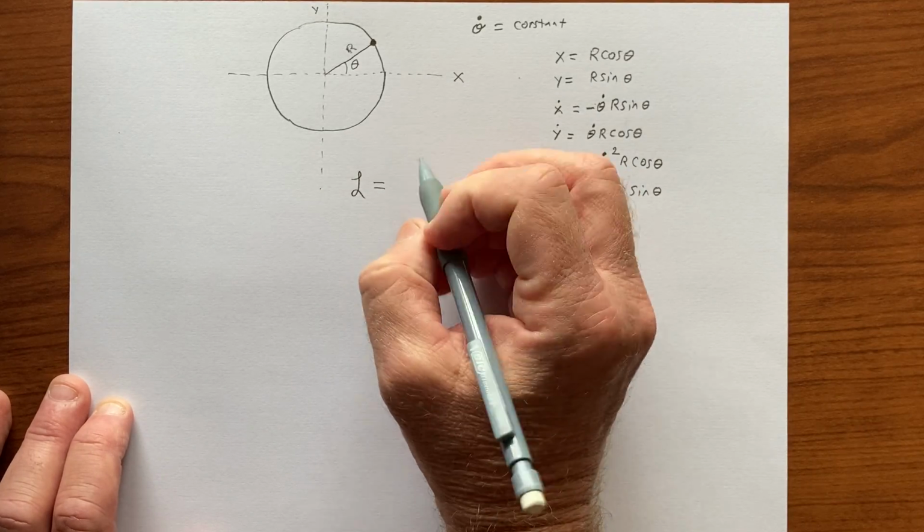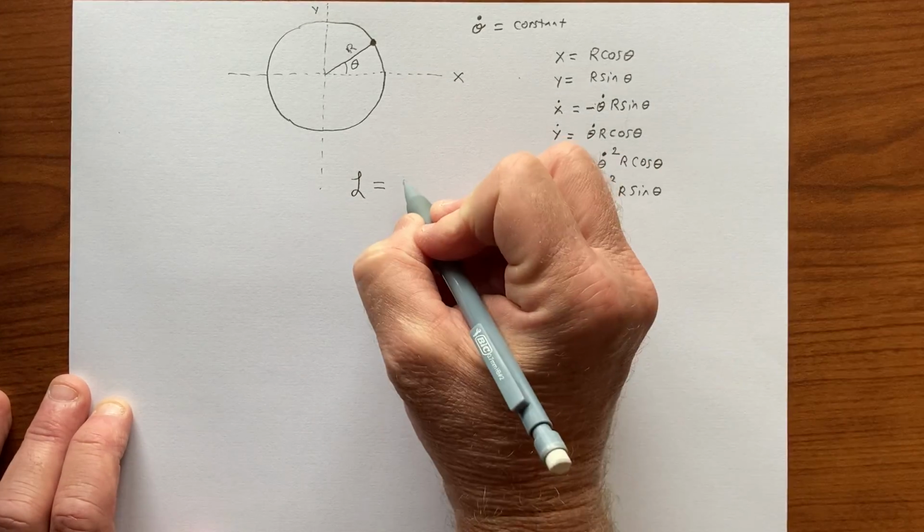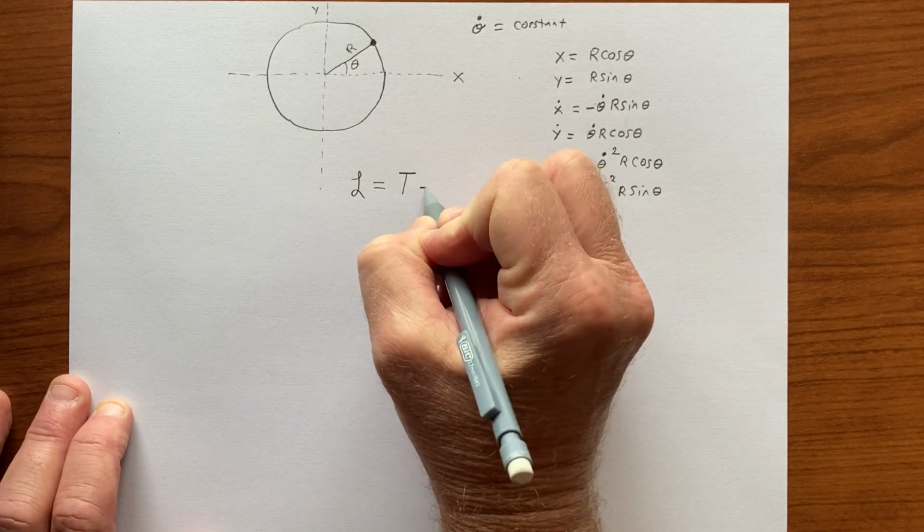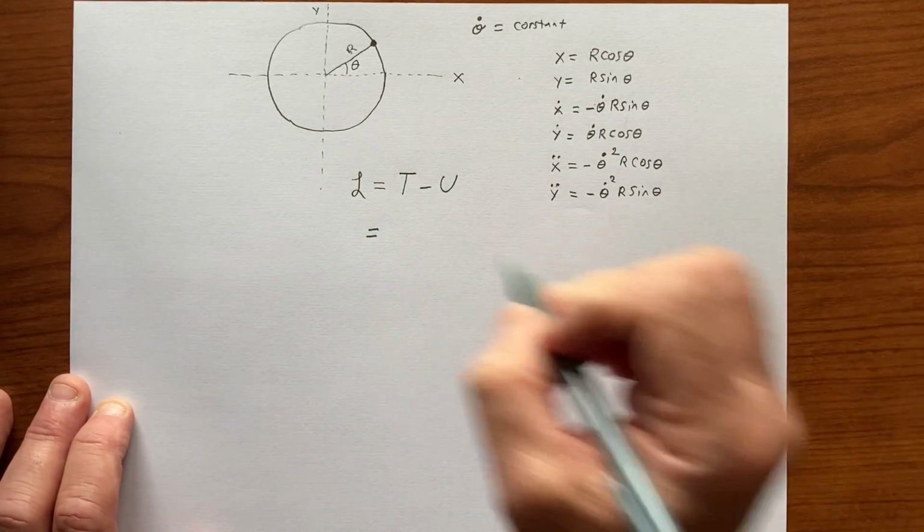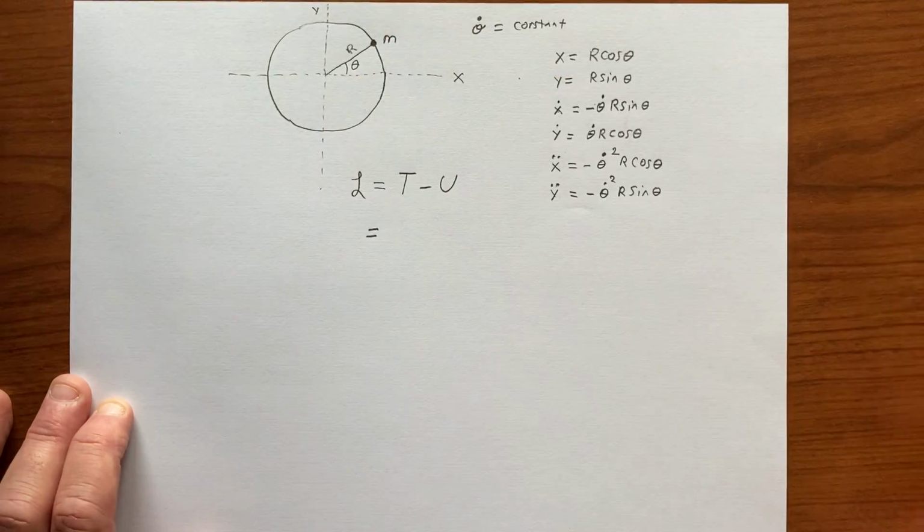So the Lagrangian is kinetic minus potential. So we have T minus U. There's no potential, so we have kinetic. Let's say the mass of the object is m.